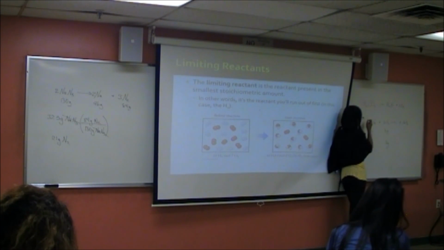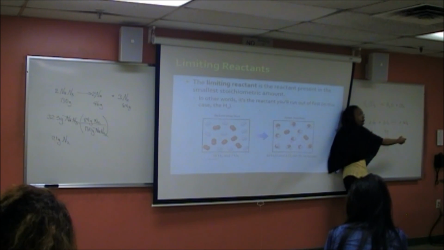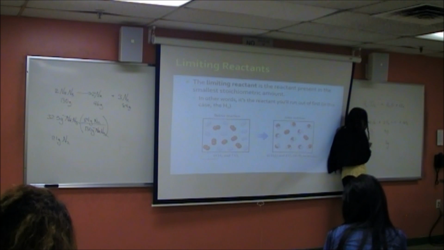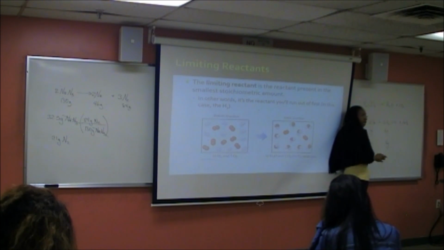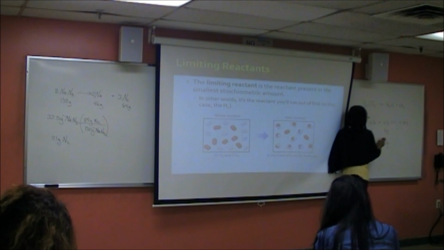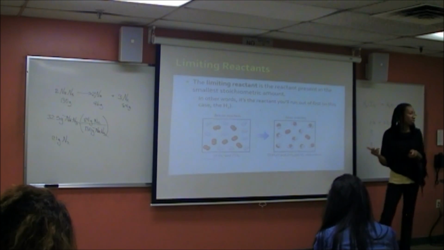Sodium. So your reaction can only go as far as your least amount. Your sodium is going to dictate how much sodium azide you get, and you will have excess nitrogen gas. This is what your limiting reactant is about.